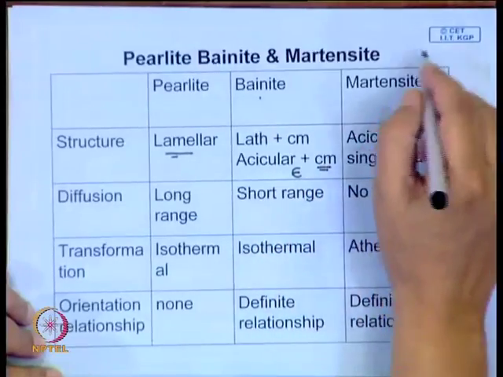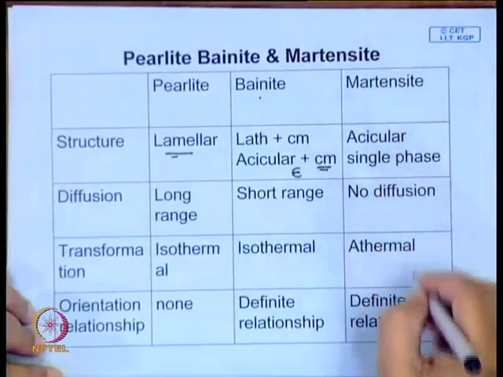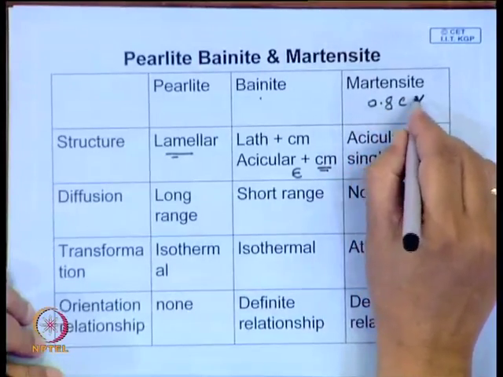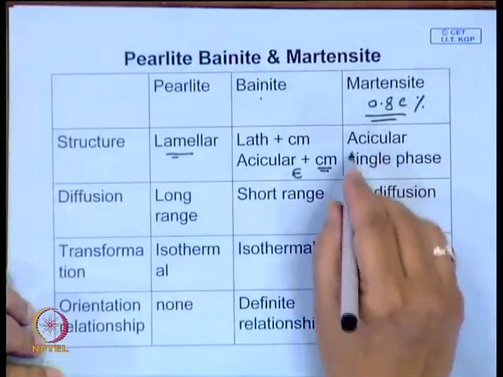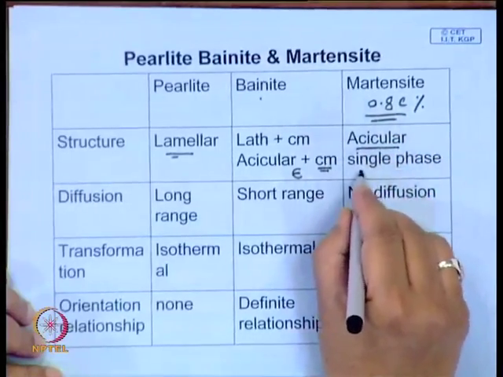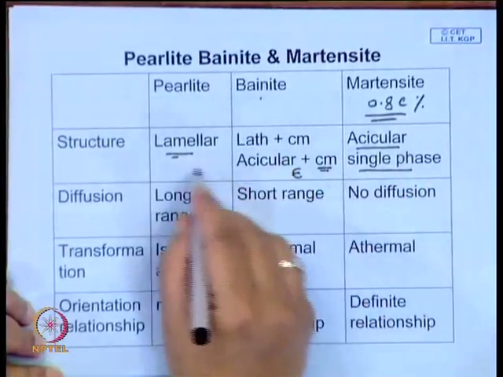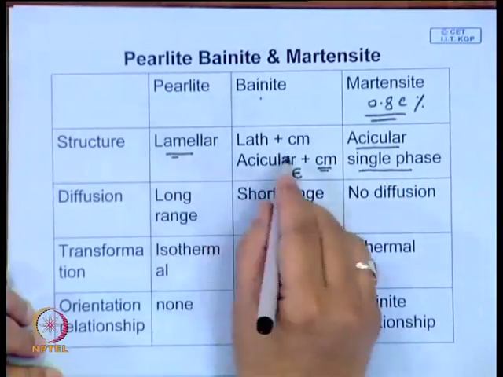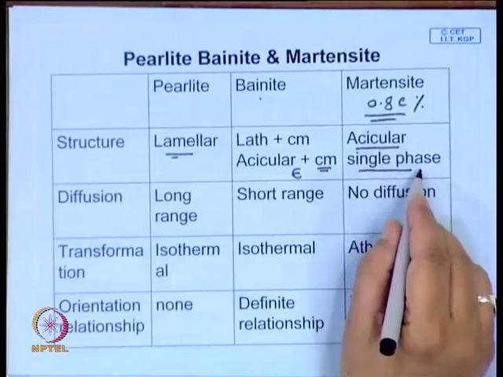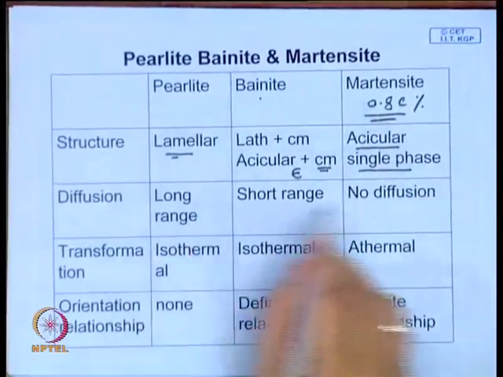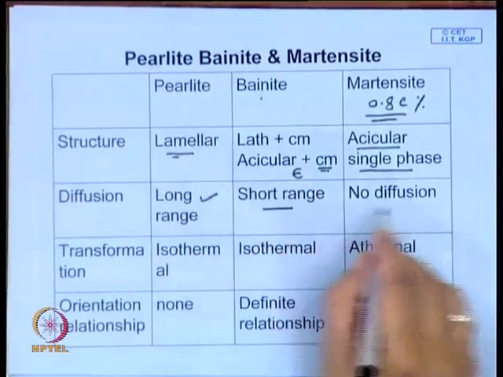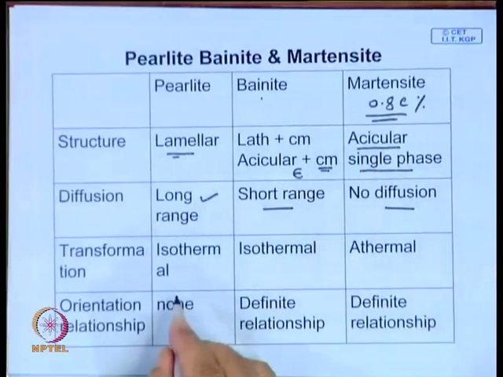Here we are considering, this is written specifically for 0.8% carbon steel, eutectoid steel, where the martensite will be primarily acicular or plate type martensite. It is single phase, whereas in these cases they are two phase structures. So, this clearly shows that there is no precipitation, no diffusion. In this case, as we mentioned, long range diffusion; bainite, short range diffusion; here there is no diffusion.